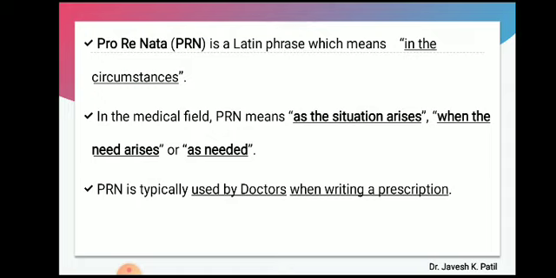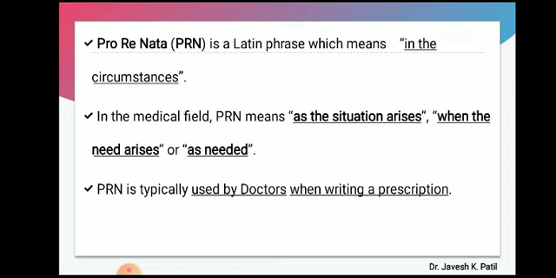One of the important ones is what is called pro re nata, PRN, the shortcut which is used. It is a Latin phrase meaning in the circumstances. Generally in the medical field, PRN means as the situation arises, or when the need arises, or as needed.